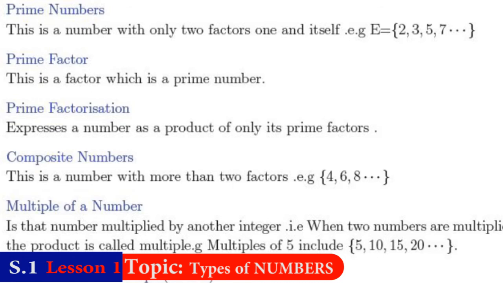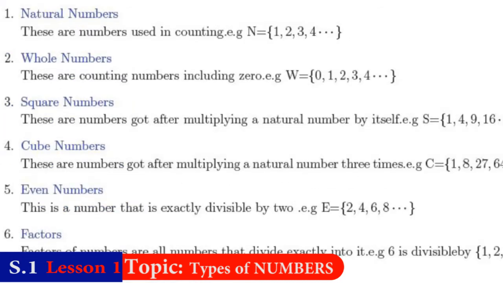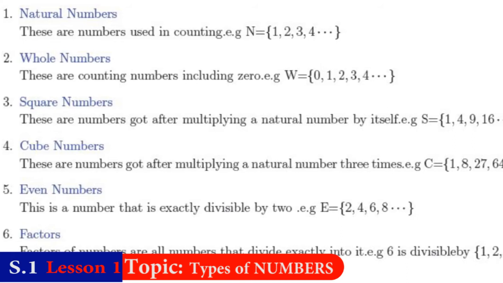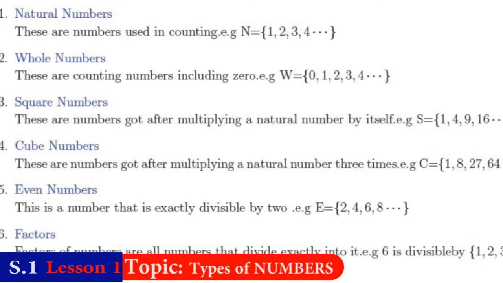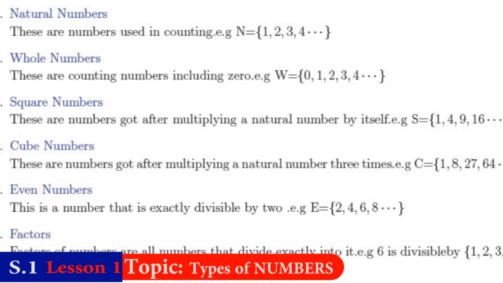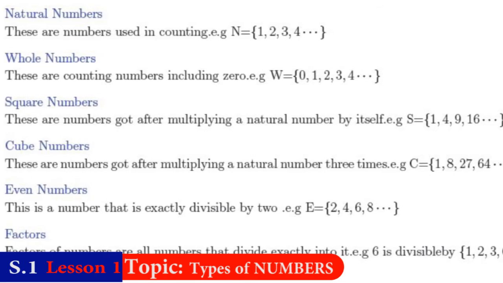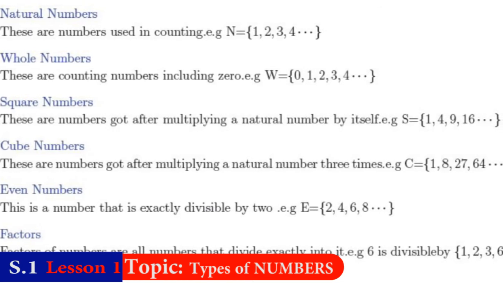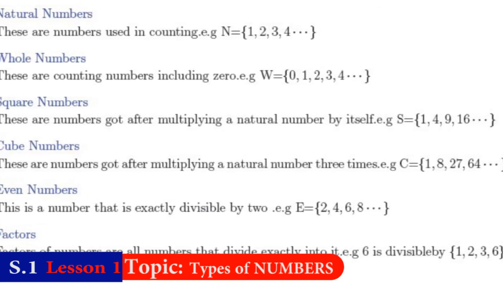Let us go back to factors. What are factors? Factors of numbers, as you see in the definition there on the screen, are all numbers that divide a number exactly.